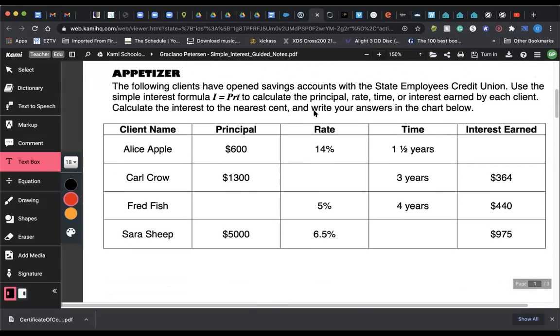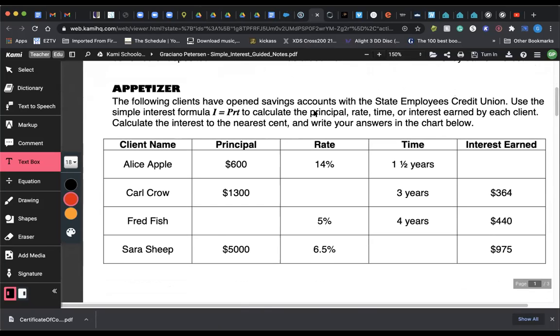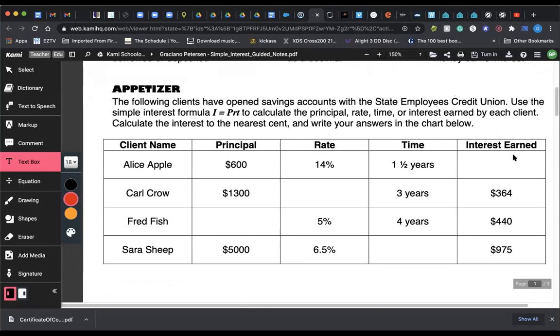All right, so we have this chart here. And as you can see, we're going to use, again, the simple interest formula to fill out this chart. In the first example, we need to find the interest that Alice is going to make off of a principal of $600 at a rate of 14% and for 1.5 years. So I'm going to make note of all of those numbers, and I'm going to give us a blank sheet to work on with this formula.